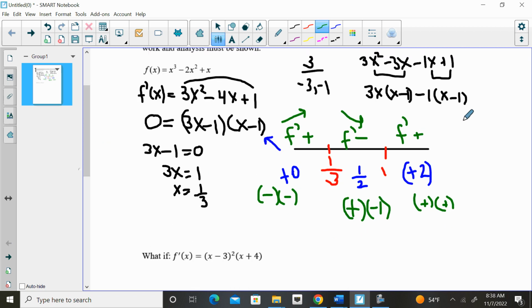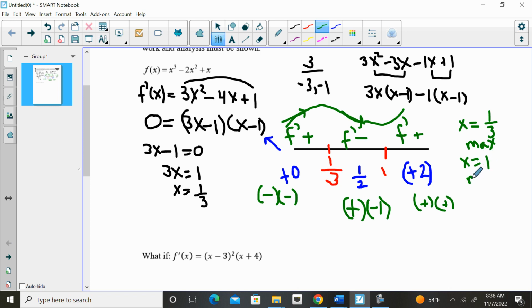Where's my min? We can see this by the way the arrows go. Think of the arrows as showing a function going like that. That's what my function's looking like. So at 1/3, I have a max. At 1, I have a min.